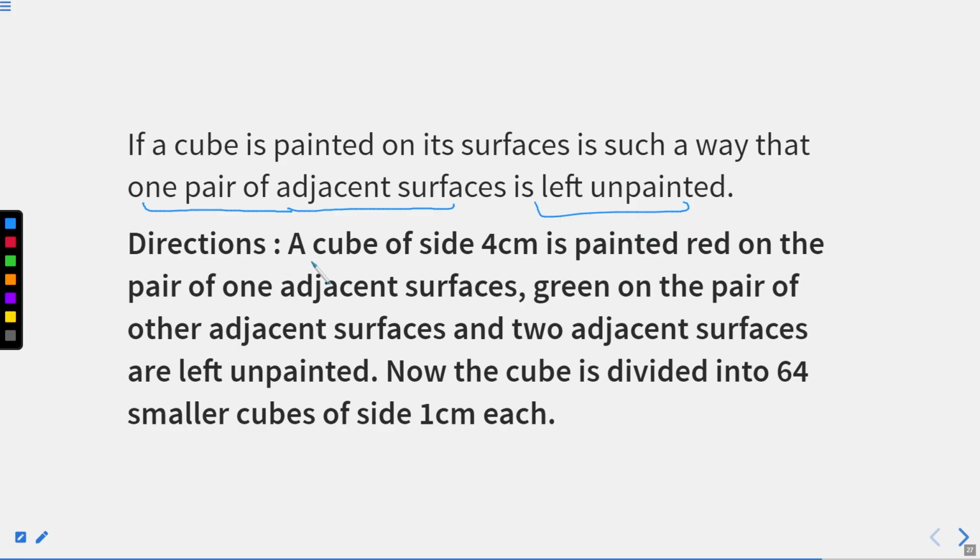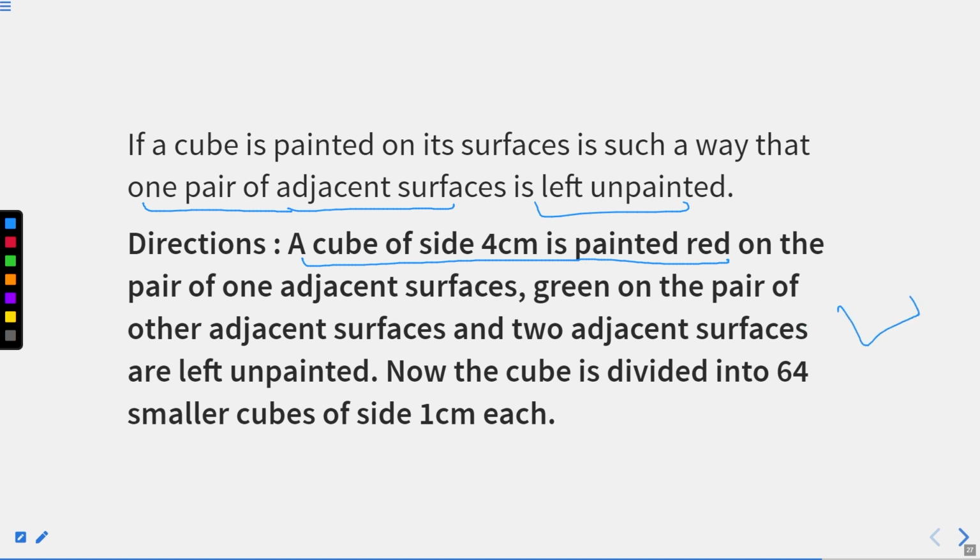A cube of side 4 cm is painted red on one pair of adjacent surfaces. One pair of adjacent surfaces, they are red.